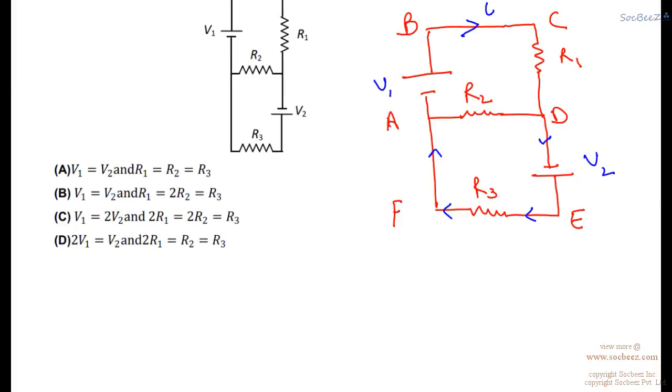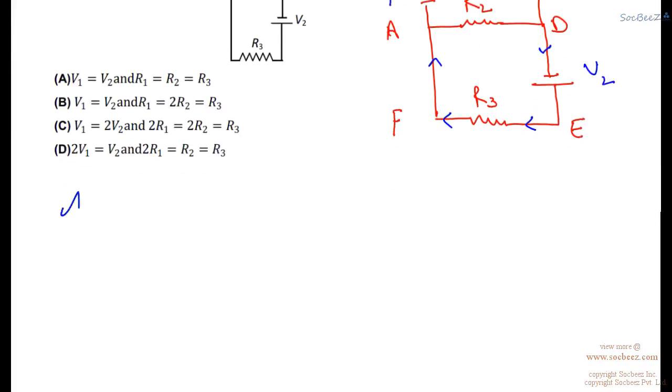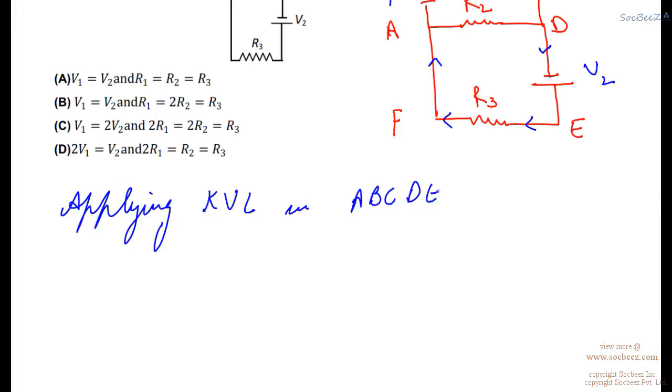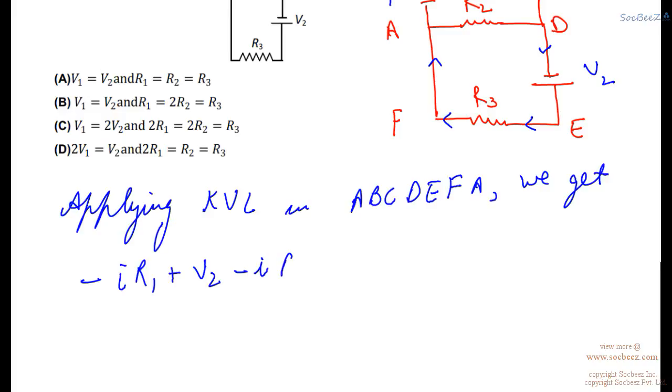Okay, so now if we apply KVL in this circuit, in A, B, C, D, E, F, A, the outer circuit, we get minus I R1 plus V2 minus I R3 plus V1 equals 0.